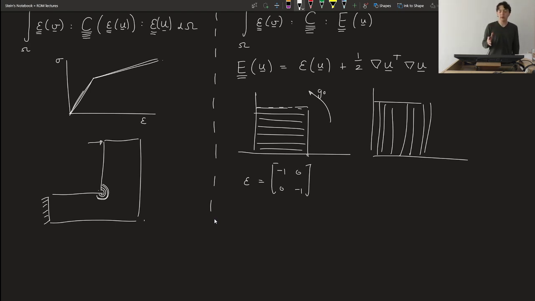Right, so the strain tensor that you would obtain for a deformation like this, where we've simply rotated a block of material by 90 degrees, which is obviously a very extreme deformation, but it should definitely not introduce any strains or stresses. Then what the linear strain tells you is going on is a 100% compression in both x and y. Right?